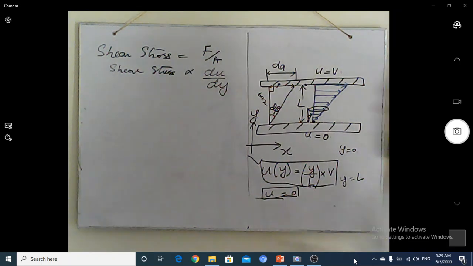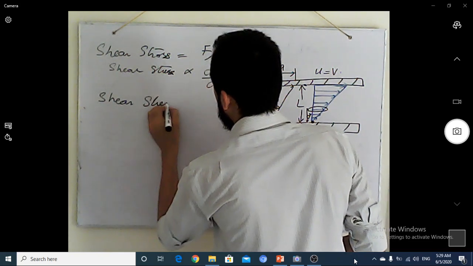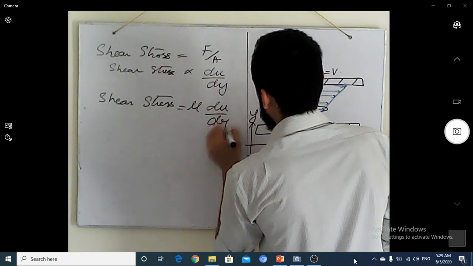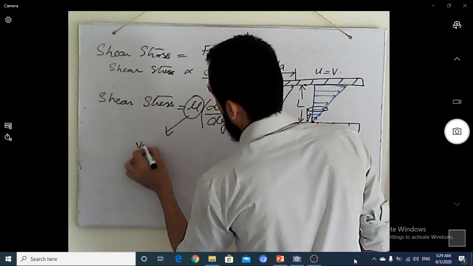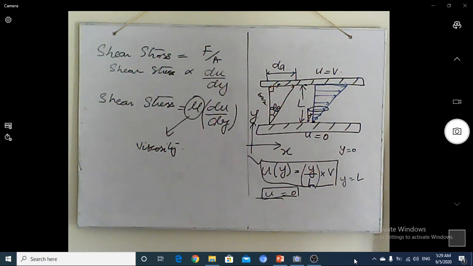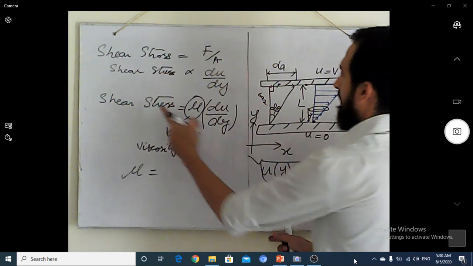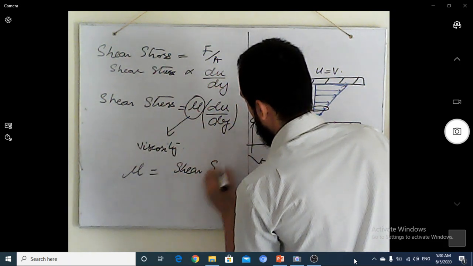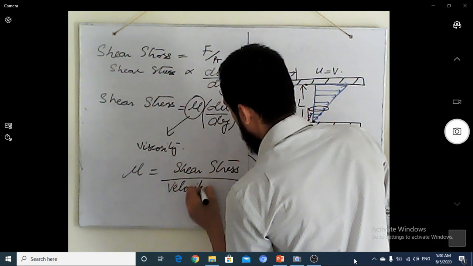But here the proportionality constant depends on viscosity, mu, which is called the viscosity of the fluid, and it shows that viscosity equals shear stress over velocity gradient.